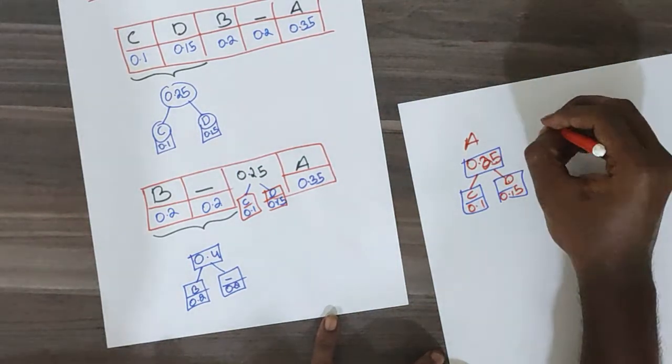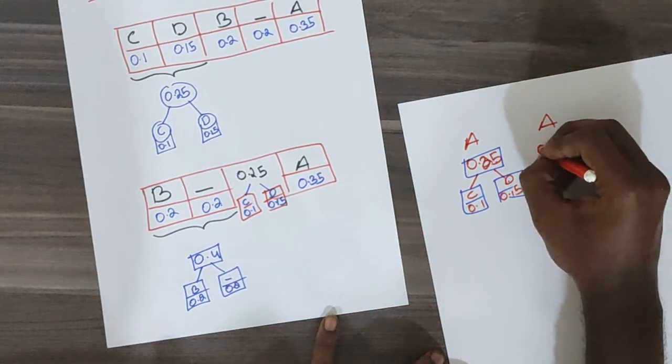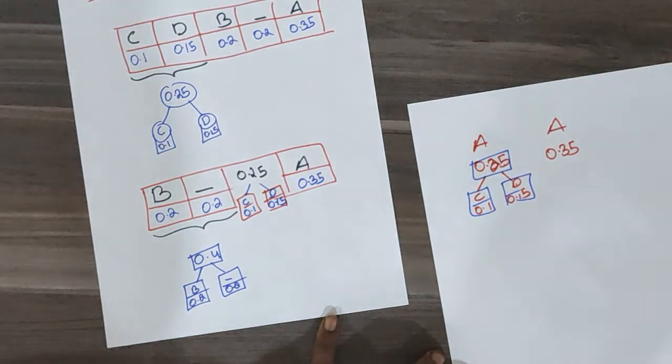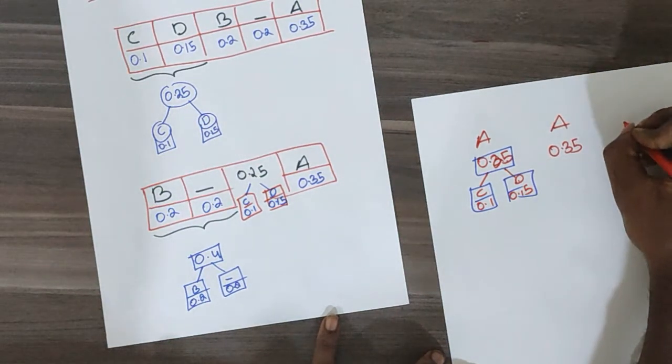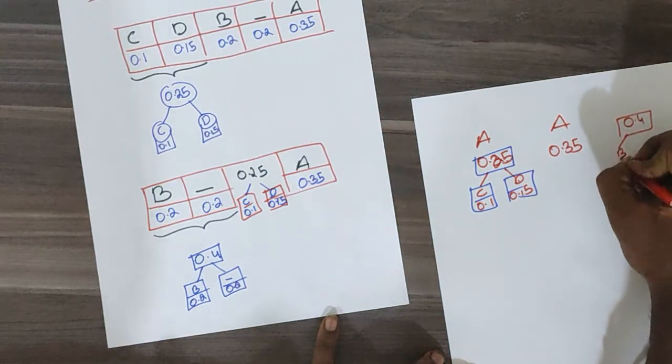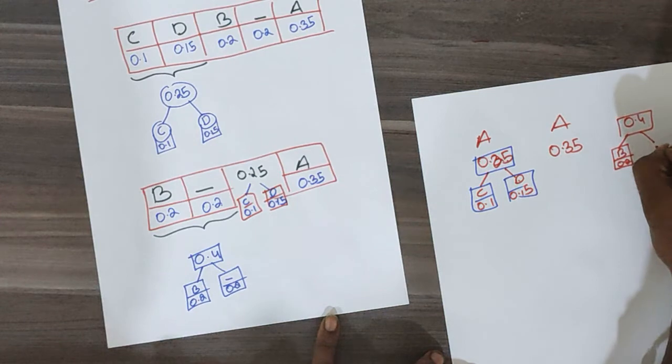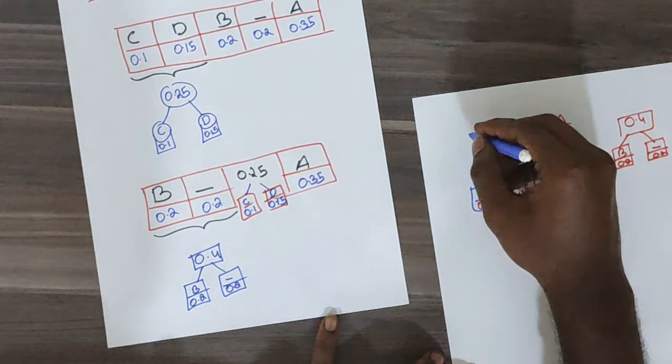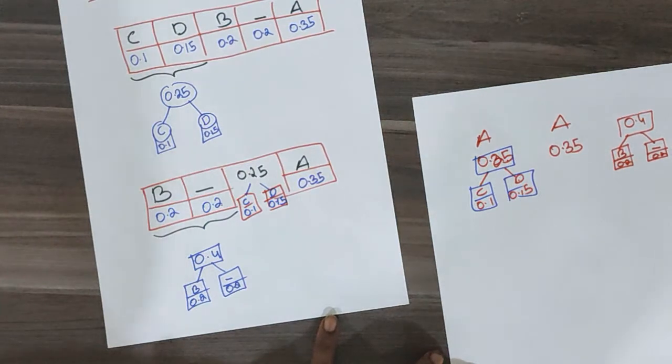Then we have A with relative frequency 0.35, and finally this block of 0.4 frequency with B on one side with frequency 0.2 and space on the other side with frequency 0.2. So now we have these three blocks.